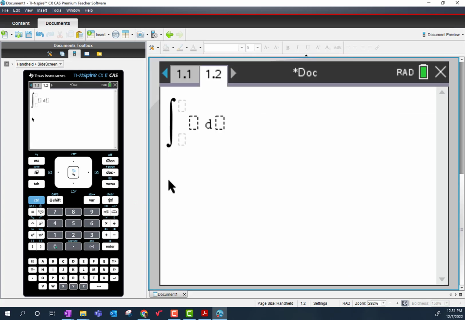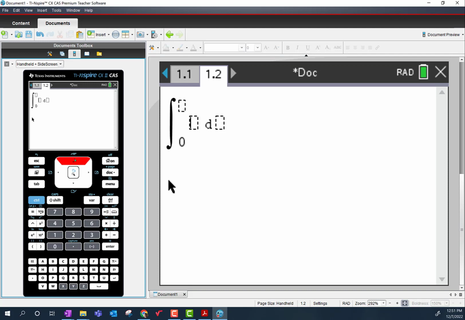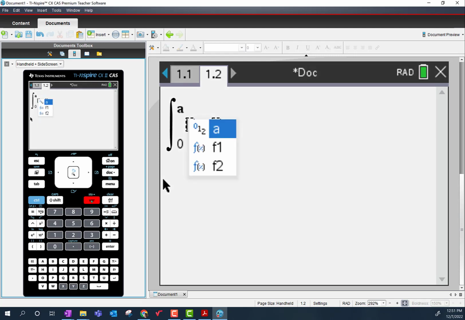My first one is 0 to A. I just type in A of. Now, we don't really want to spend time typing in those equations again, because it's possible for us to make an error. So instead, if you click the VAR button, it lists everything that we've done. I can just use it.